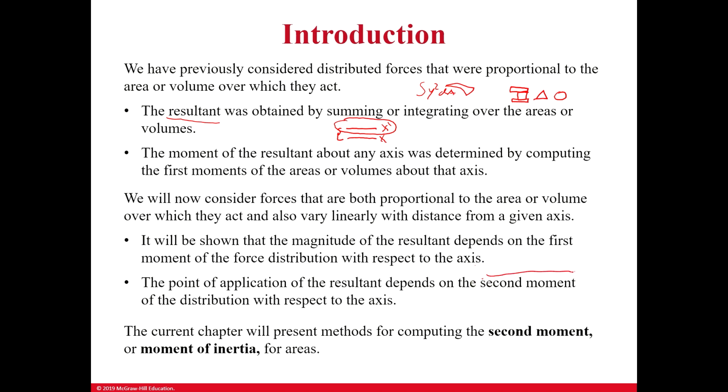So that's why the second moment is so important. This chapter, chapter 9 in this book, is focused on teaching us how to compute the second moment, also called moment of inertia, for areas. You can also do it for volumes, but we're going to start in 2D.